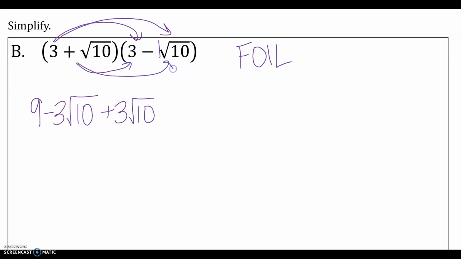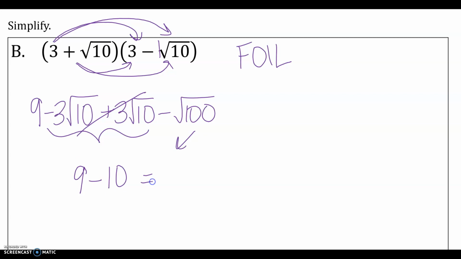And it looks like your last would be negative radical 100. So look at your two middle terms. You can combine those, they go away, and you have 9 minus 10. Looks like your answer is another whole number.